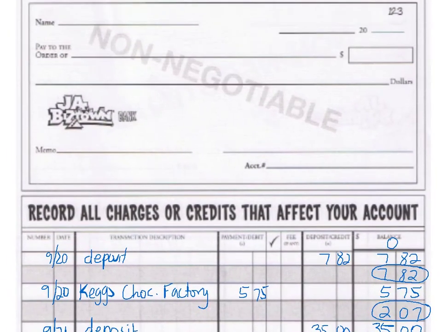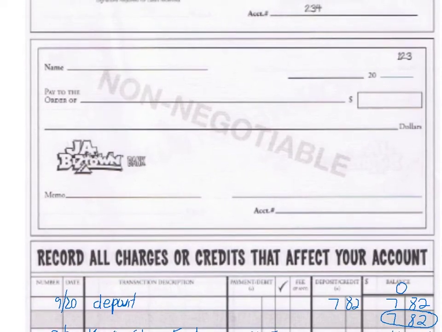Okay, so we go up, we realize that we have enough money to buy one of those sweatshirts from KIPP Sharpstown that we've wanted. So we put our name at the top and the date, and we go down to pay to the order.